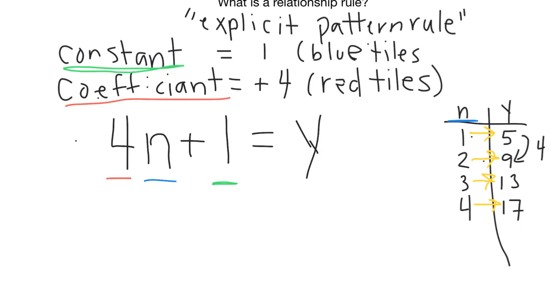Now, this is going to look a little bit different when we start getting into multi-step patterns, but for today, I just want you to think about this kind of a relationship rule, okay? So now we know that, let's try and apply that.